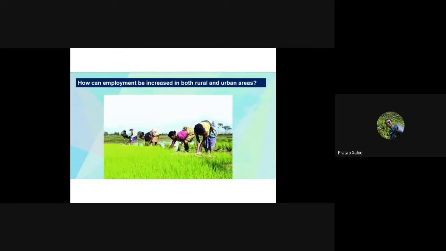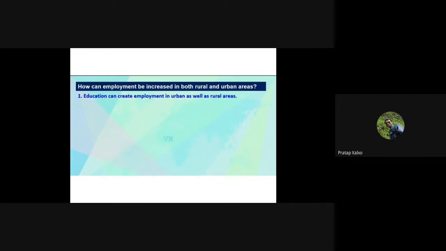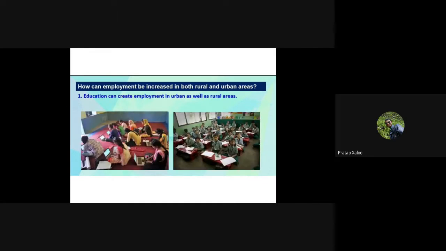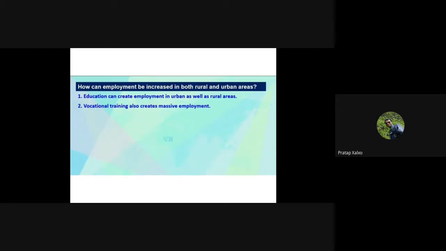Now, how can employment be increased in both rural and urban areas? The answer is education. Education can create employment in urban as well as rural areas. Second one is vocational training.